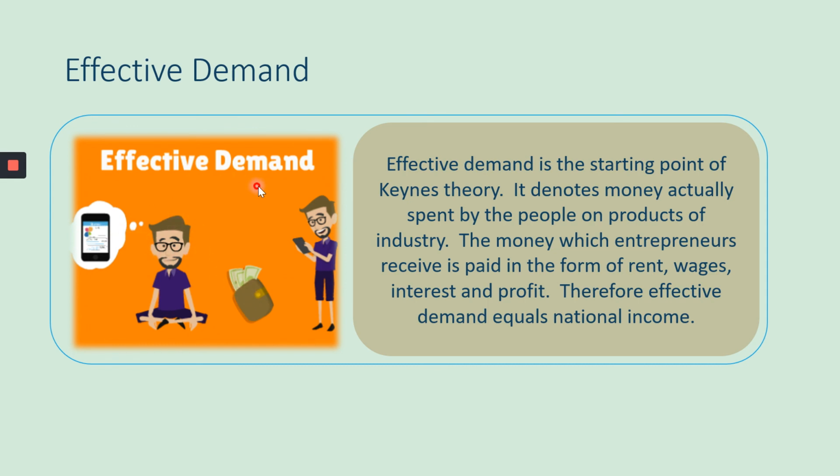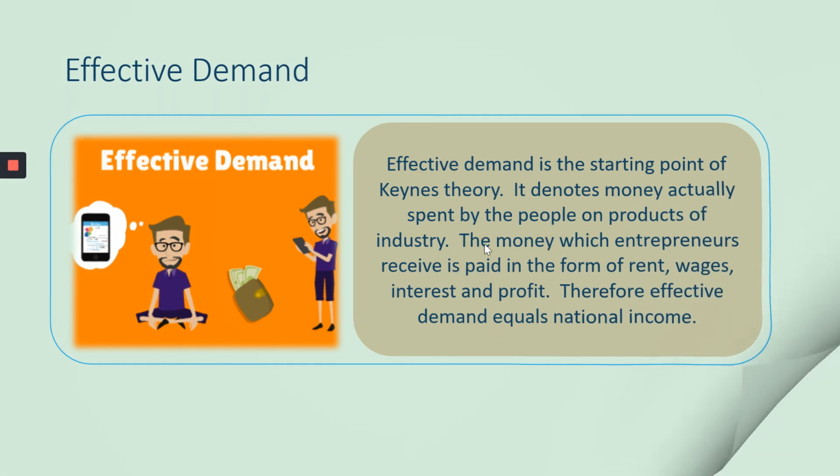That is called notional demand. But this is effective demand. So there are two things: you must have the desire, and at the same time you must be able to buy, the willingness and the ability. Notional demand means you have the desire, but not the ability. So effective demand denotes the money actually spent by the people on products of industry.